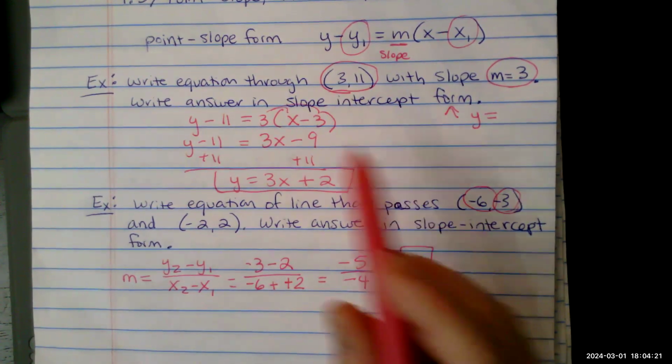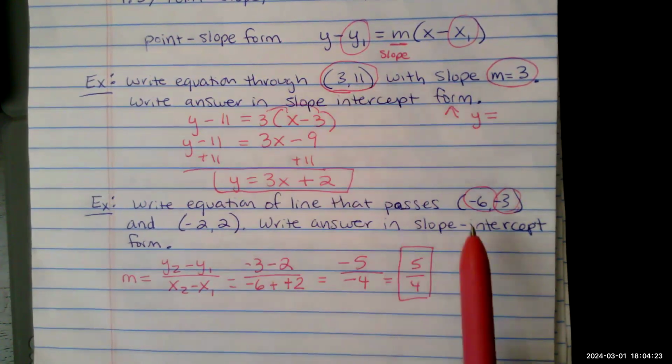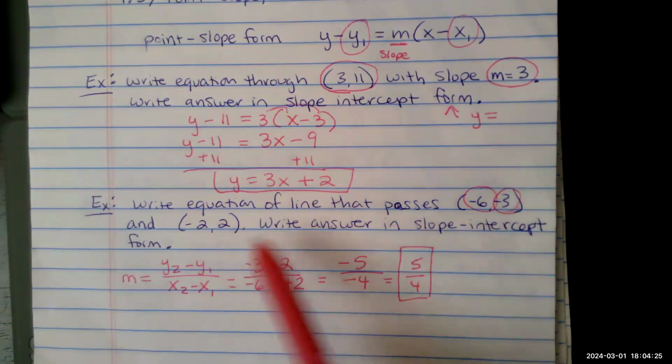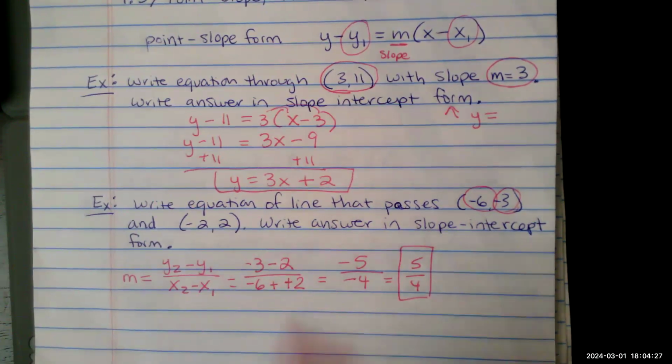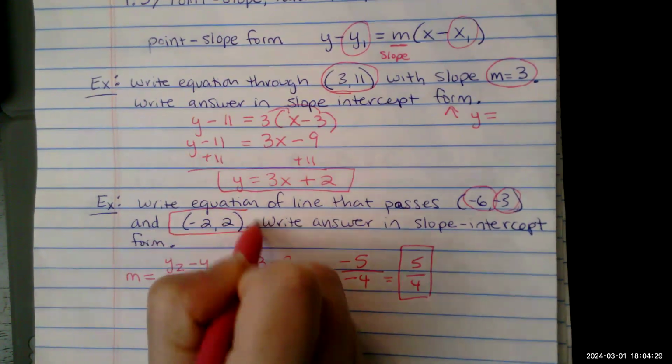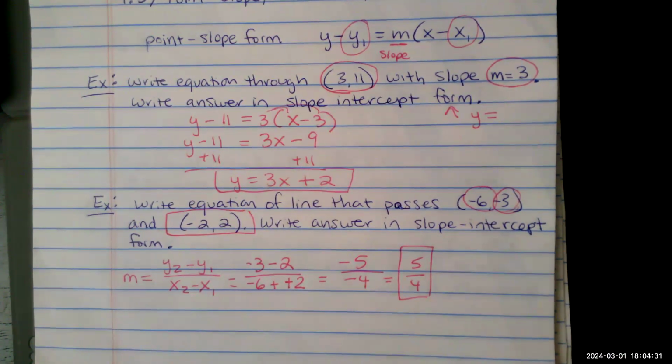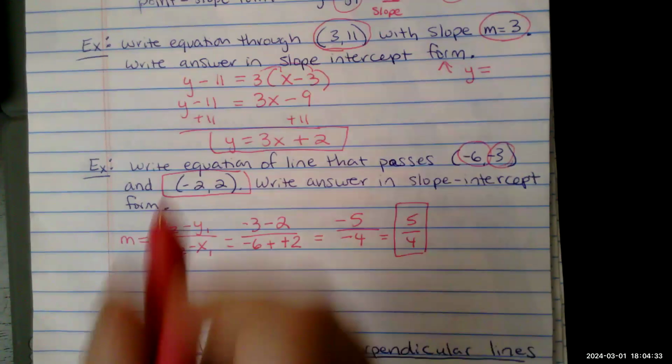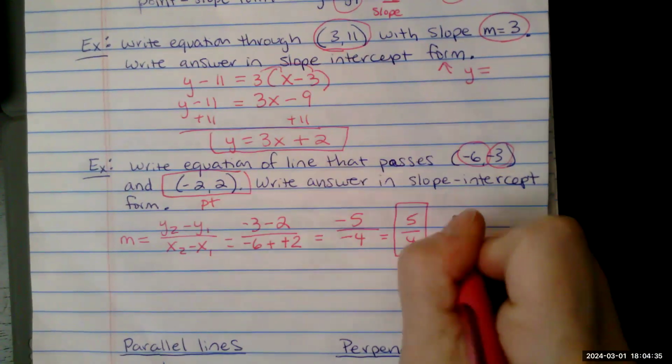So now I can do exactly what I did in this first one. I just need to pick one of these points, and it does not matter which one. So I'm just going to use this point because they're smaller numbers and this slope. Okay, so this is my point, and this is my slope.